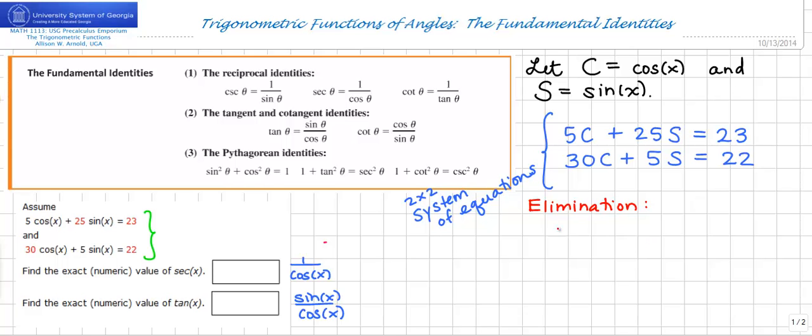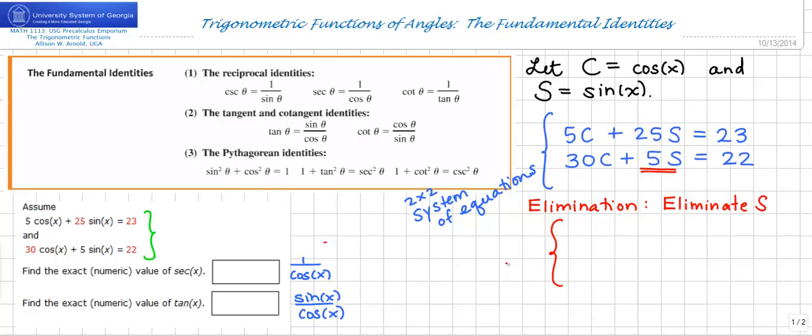And elimination works in this way. Let's say I want to eliminate the variable s. Then I would need this term in the second equation to be negative 25s so that it would cancel with the 25s in the first equation.